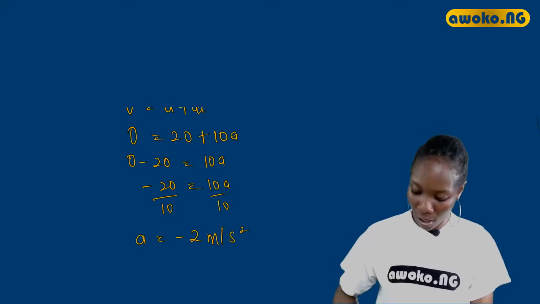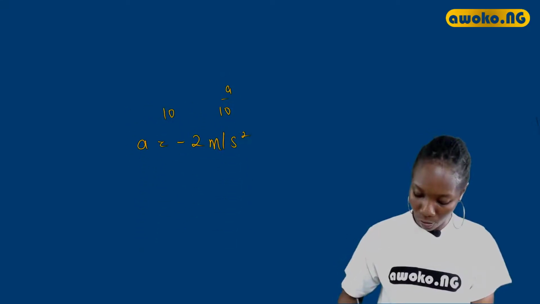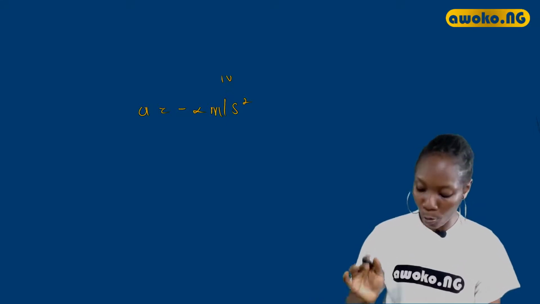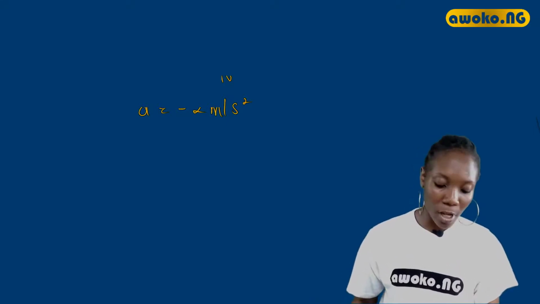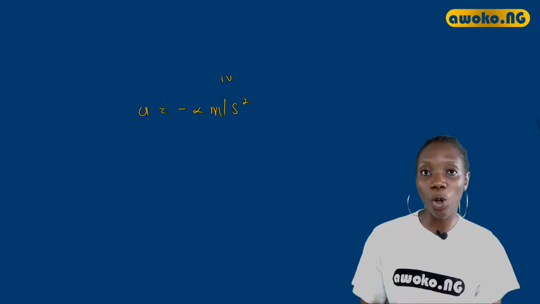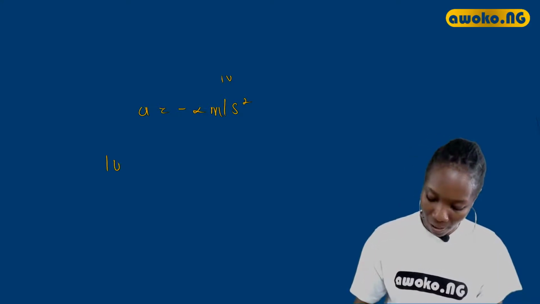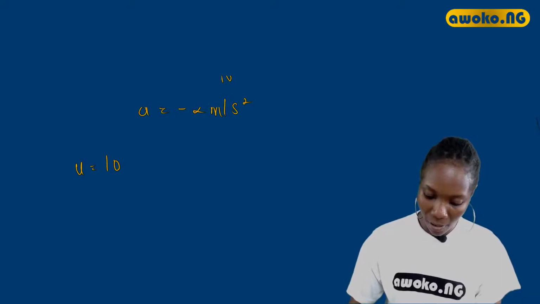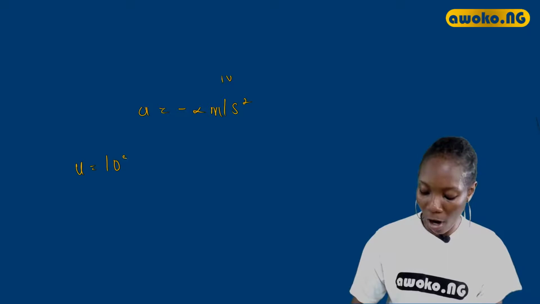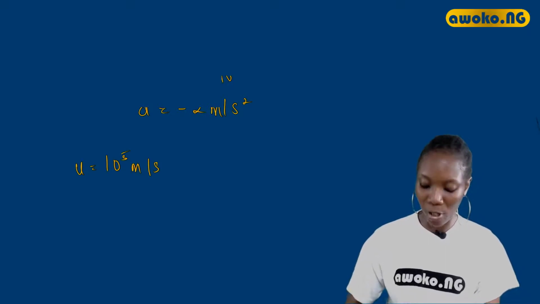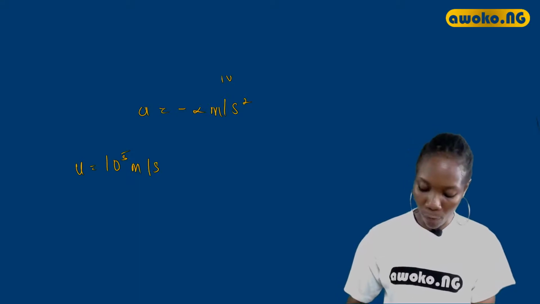So we're going to take another question to show this. Now, let's say a proton, follow me closely now, with an initial velocity u equal to 10 raised to the power of 5 meters per second, sorry, velocity is meters per second.